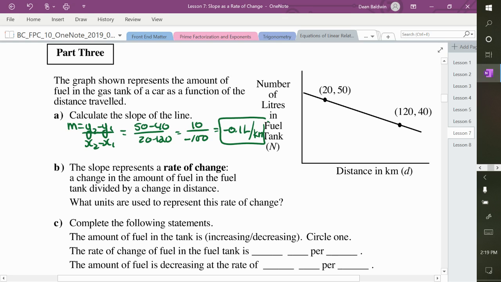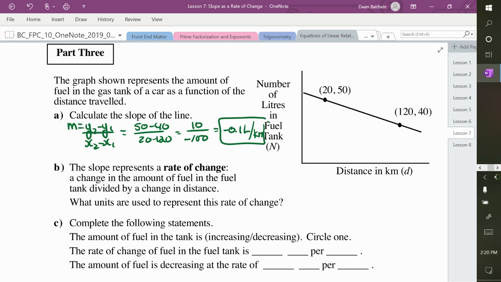Do we have the slope? Negative 0.1 liters per kilometer, or 10 over 100, or 1/10. And the units are liters per kilometer. Liters are on the y-axis, kilometers are on the x-axis, or the distance.